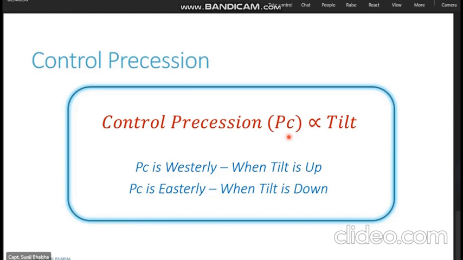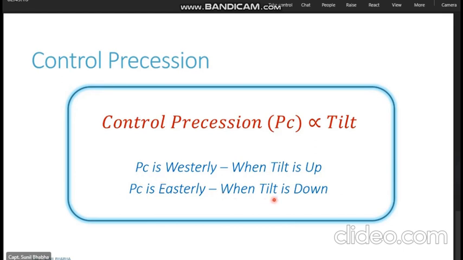Now the direction of the control precession, whenever the tilt is up, the control precession which is generated is westerly. We have seen that in these two diagrams just now. The spin axis was tilted upwards and it generated a westerly precession of the north end of the spin axis.